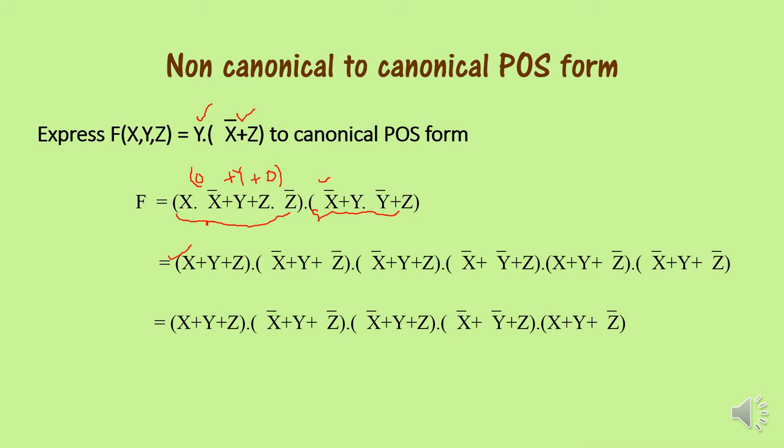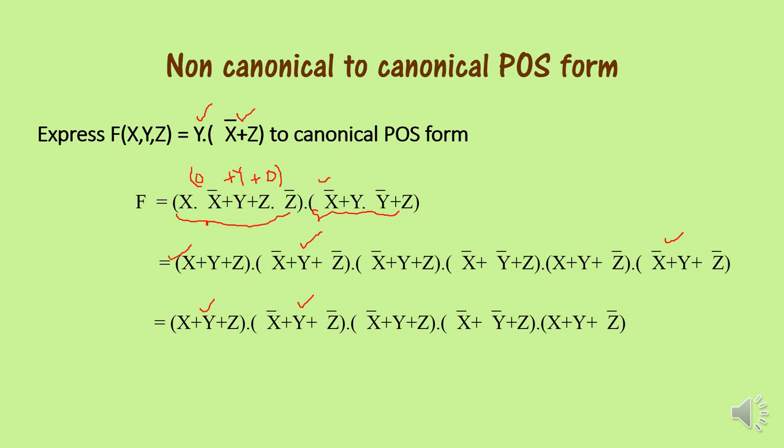Here x plus y plus z is written here. Next x bar plus y plus z is right here. Here x bar plus y plus z bar, and here is also one term x bar plus y plus z bar. So we can easily common out this term, and here we can write (x bar plus y plus z bar) dot (x bar plus y plus z) dot (x bar plus y bar plus z) dot (x plus y plus z bar).